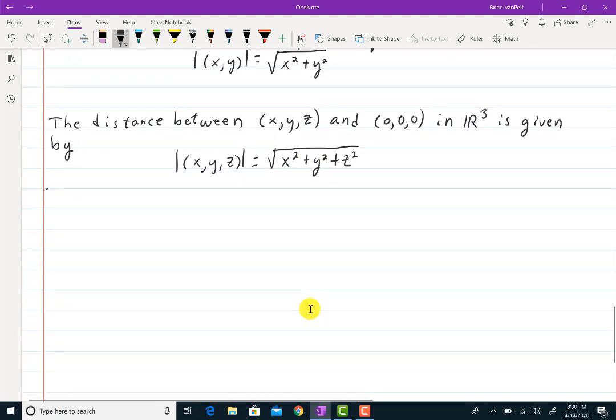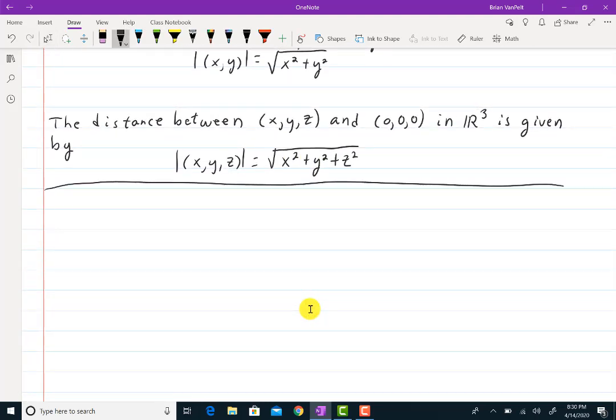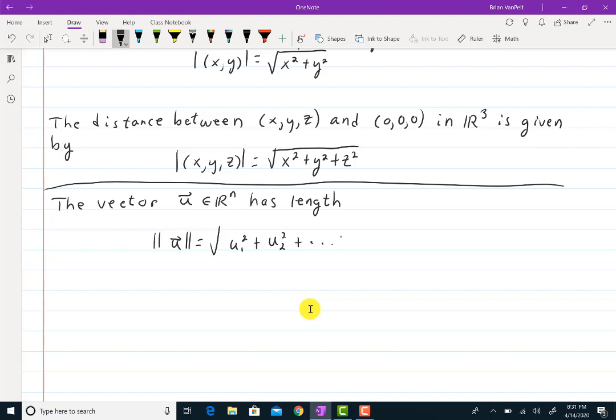So what we do, the vector, let's call it u in Rn, has length given by this. We use a double strike on the absolute value for a vector, and that equals the square root of the sum of the squares of its components: u1 squared plus u2 squared plus ... plus un squared.